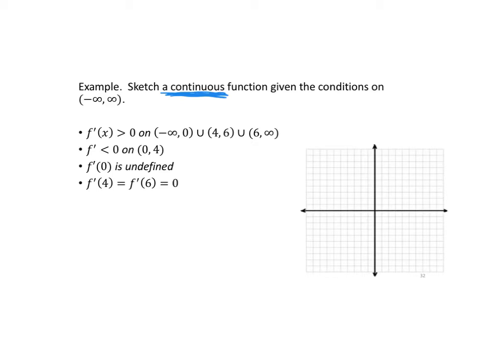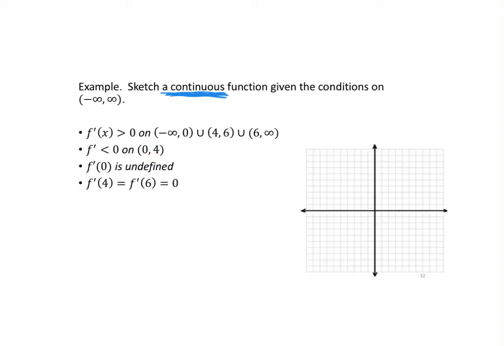All right, so here are the conditions. F prime of x is greater than 0 on this set of numbers. So it looks like 0, 4, and 6 are important numbers. I should probably reflect that here in some way. The next condition is that f prime is negative on the interval (0, 4).